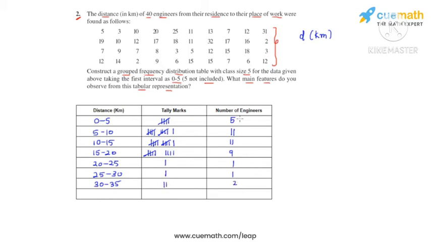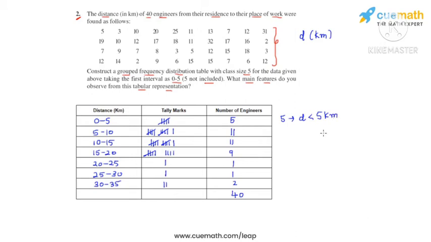So now if we add up the frequency, we get a total of 40. That tells us that we have not missed any of the engineers. So from this, we can observe that there are 5 engineers for whom the distance D is less than 5 kilometers. That is, their place of work is less than 5 kilometers from their place of residence.